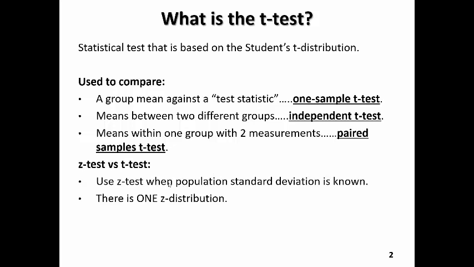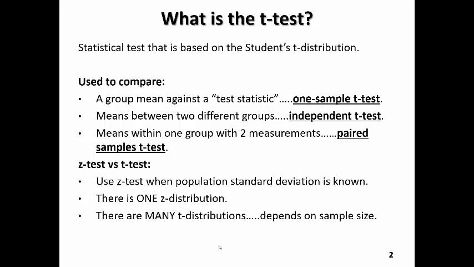It's important to note that the z-test only is based on one and only one distribution of data, and that is the normal distribution. However, there are a whole family of, or many, t-distributions, and each individual t-distribution of data depends on the sample size, and we'll look at some of those examples here in this unit.